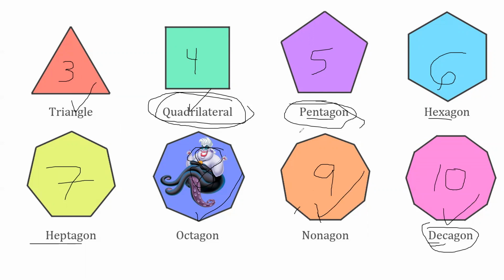So the pentagon is like the Pentagon in America, right? It's 5 sides, so that one's easier out of the 3 to remember. And then hexagon, you just got to figure out a way, maybe because it has an X, and so does 6. However, you need to remember it. And then hepta, I don't know how you're going to remember heptas being 7, but you can just remember heptas being 7.